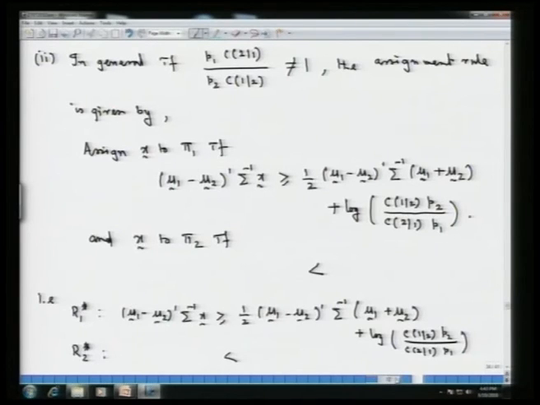Now, note that if we are looking at this region here, this involves quantities which are usually unknown in the population, that is mu 1, mu 2, sigma inverse. All these quantities are unknown in the population. So, what is done when we have got a learning sample, which consists, as we have discussed, of a set of pre-classified examples.